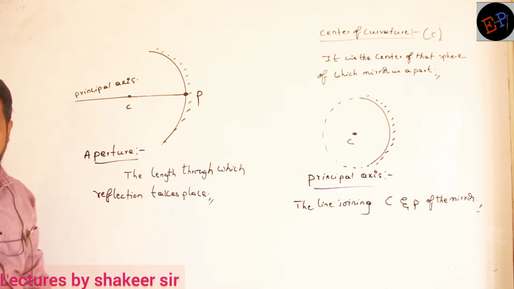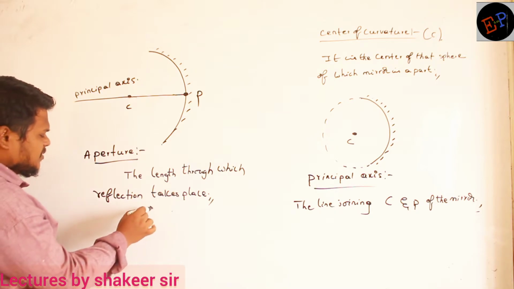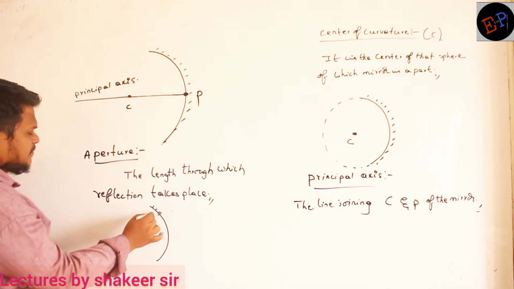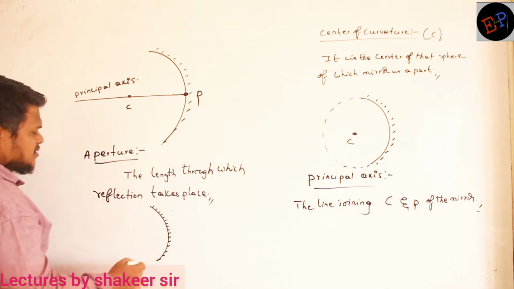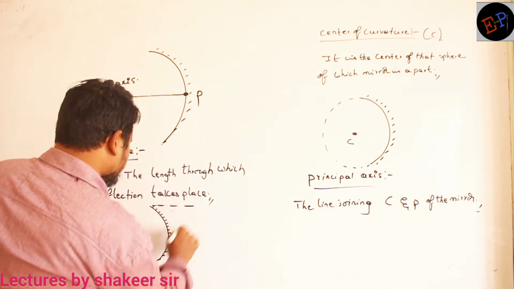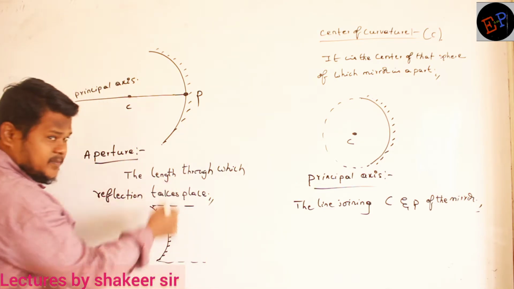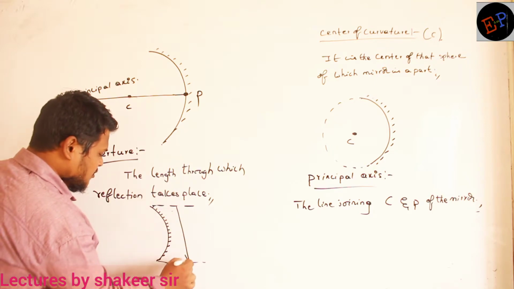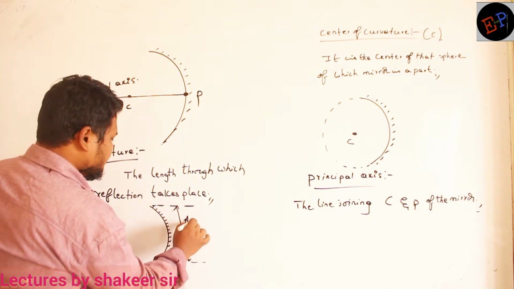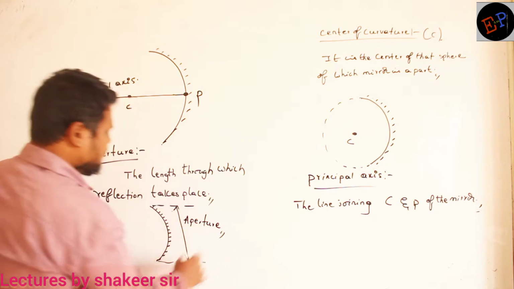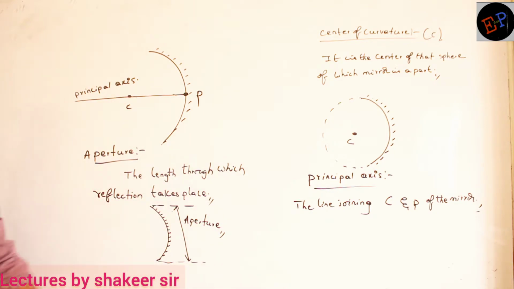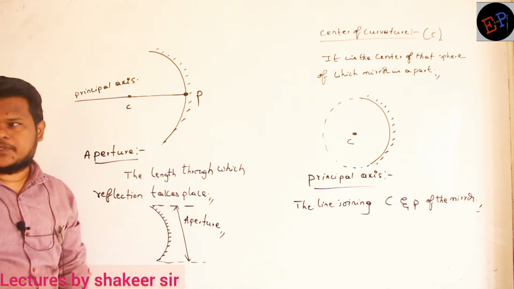It is a straight line distance. For example, if it is a concave mirror, then reflection is taking place from this length to this length. So this straight line length I can call the aperture of the mirror. It means the length through which reflection takes place.